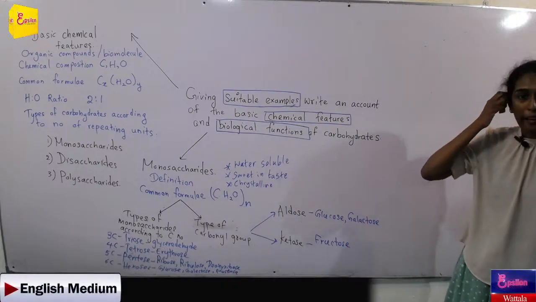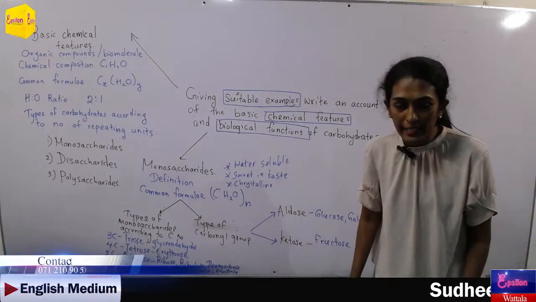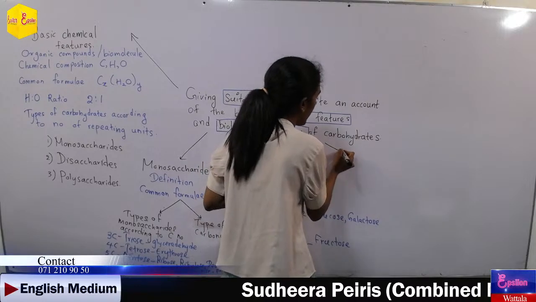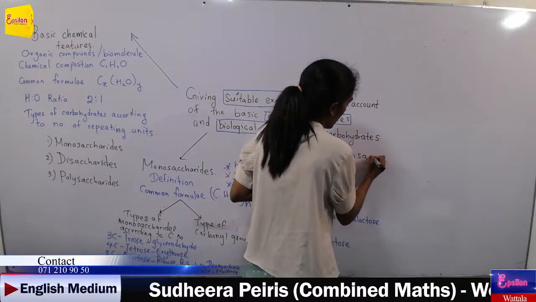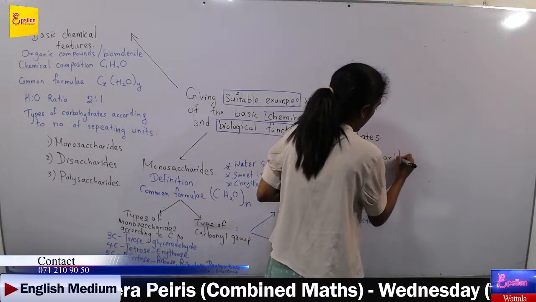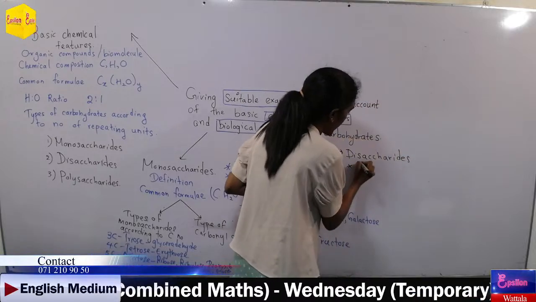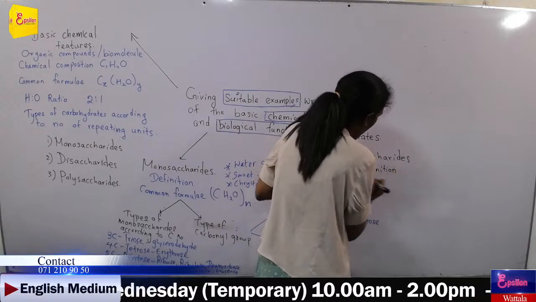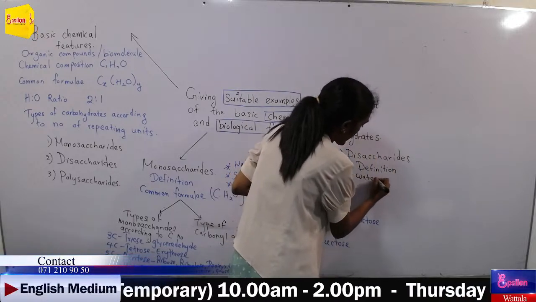Now what do we have? Disaccharides. So we are going to disaccharides here. First thing we need to include is definition, isn't it? They are also water soluble, isn't it?